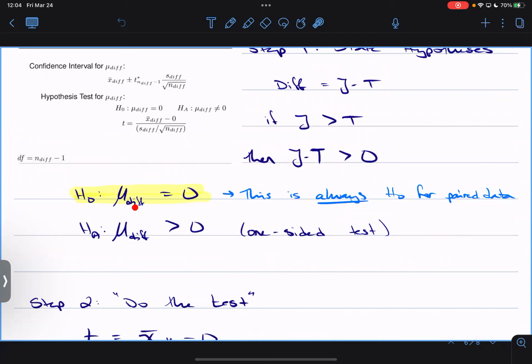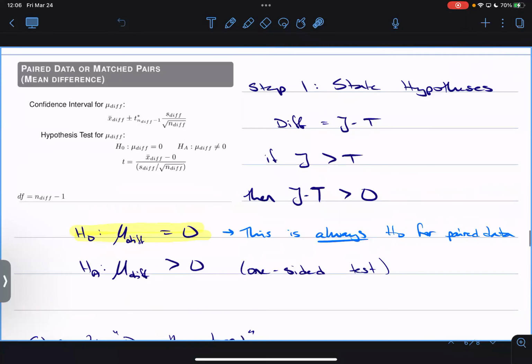For our null hypothesis for paired data, what's nice is that this is always your null hypothesis: that the mean of the differences is 0, which means that the null value is 0. And then the tricky part is figuring out what the sign is for the alternative hypothesis, right? We had to do a little bit of work saying, okay, if I calculated the differences this way, j minus t, and I want to know if j is greater than t, then j minus t must be greater than 0.